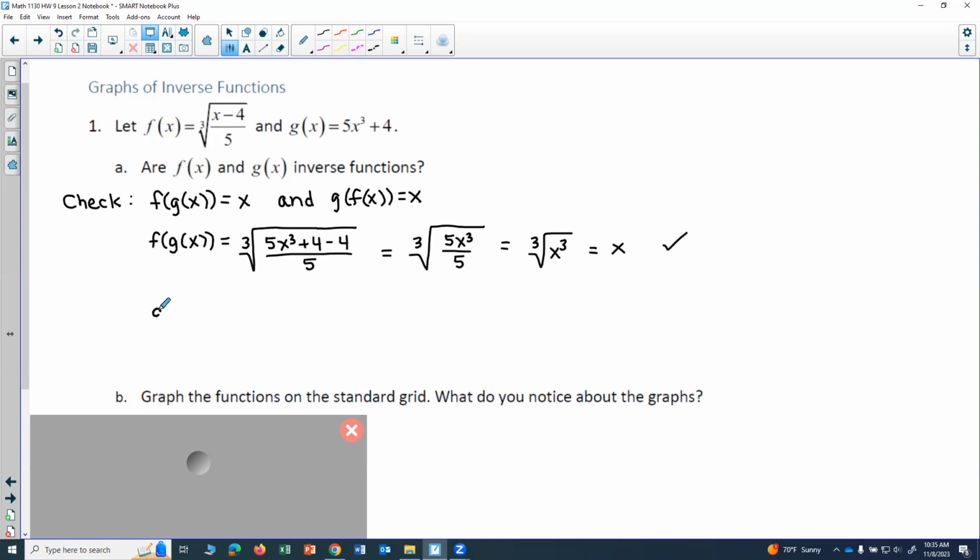Now I have to check g of f of x. So I'm going to go the other way and plug f of x into my g function. So my g function is 5x cubed, but instead of the x, I'm going to write the f function, which is the cube root of (x minus 4) over 5.